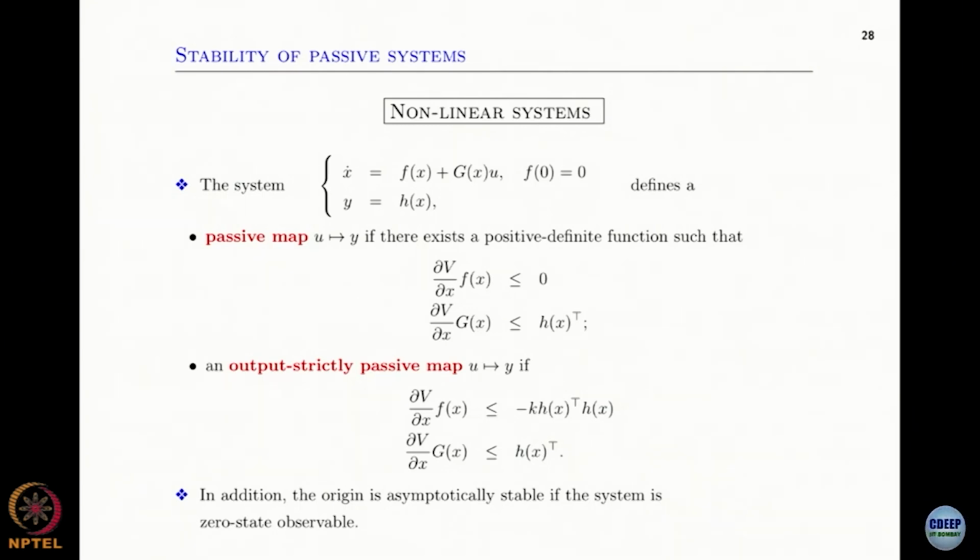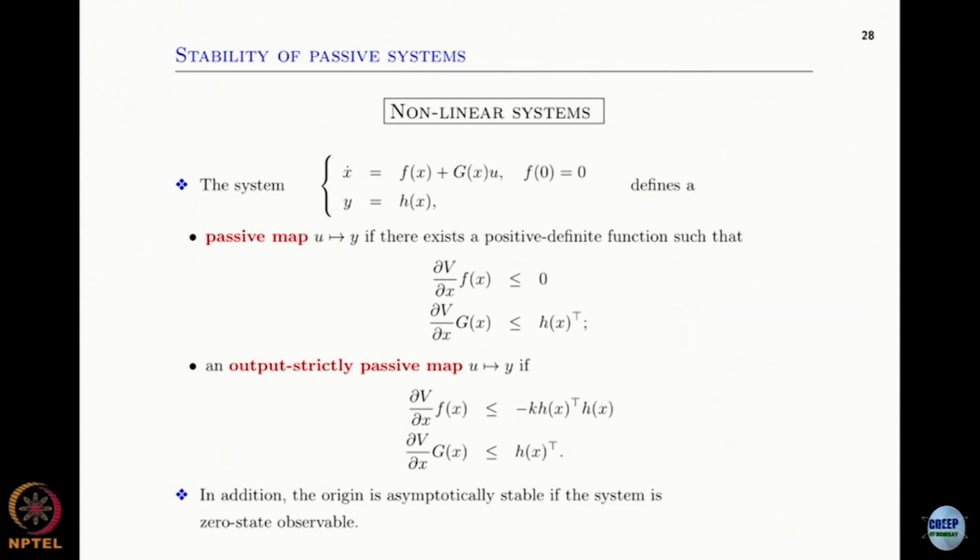Basically, this statement I took from Khalil, but the results are from the original papers; if you are interested, you should look at Hill and Moylan. I think Hill was a student of Moylan, but I'm not sure. I'm talking about a series of papers in '76 and '80, and there is probably one more in Transactions. So they essentially introduced passivity for nonlinear systems.